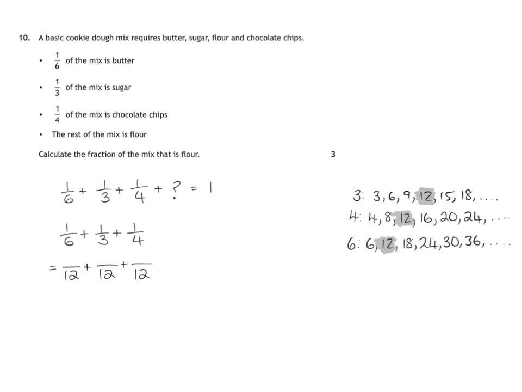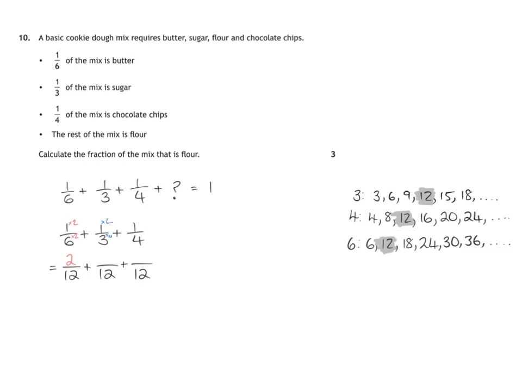Looking at each of them, the first one, to go from 6 to our 12, I need to double it, so times by 2. Whatever I do to the bottom, I do to the top, which gives me 2 out of 12. The second one, to go from 3 to 12, I have to times by 4.